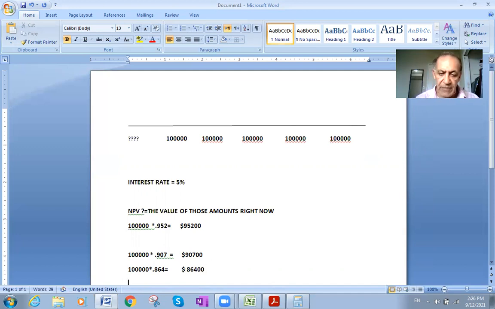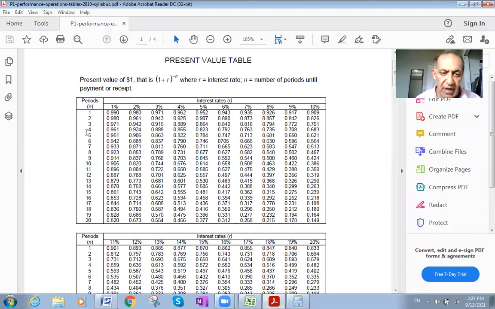Fourth year as well, you will do the same thing. This is the 100,000 of the fourth year. And I will see here in the tables, after 4 years, under the 5%, this is 1, 2, 3, 4. It will be 0.823.